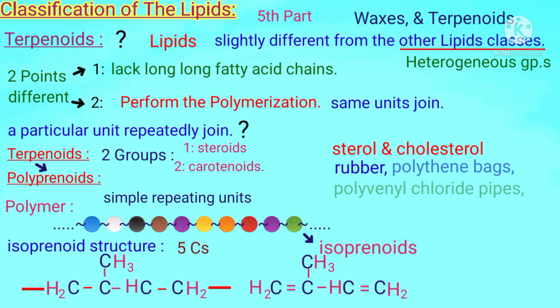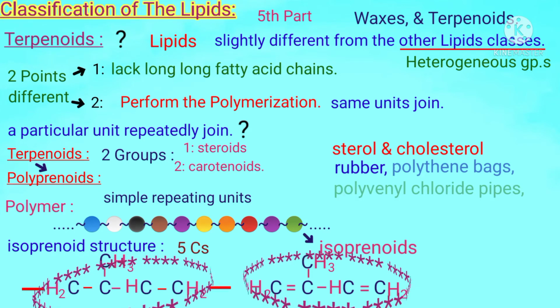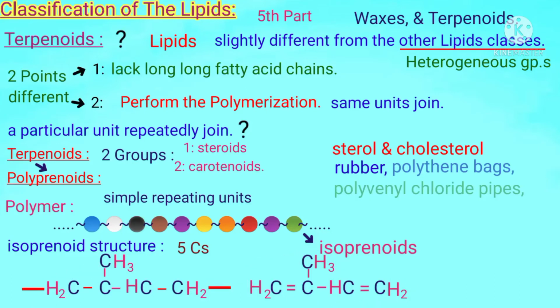Okay. Students, in the same way, the terpenoids are also polymers, of the isoprenoid units. Why are the terpenoids the polymers of the isoprenoids? The reason is that the isoprenoid is capable of extending the chain on both sides.